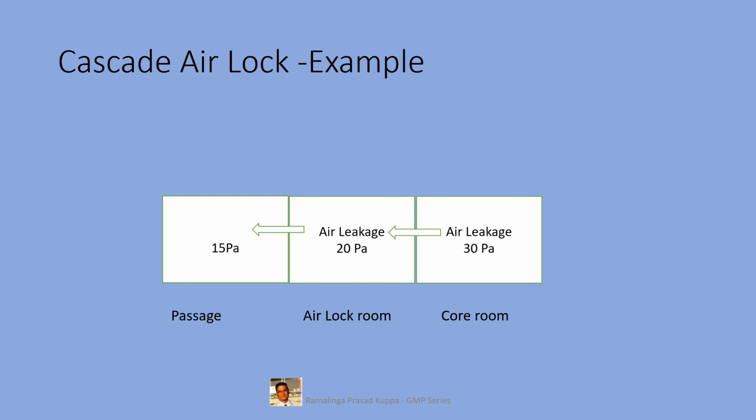In this design, the contamination from passage to the core is not possible. So, the core is the safest area from contamination. Another point here is that the doors of airlock opens to more positive side.